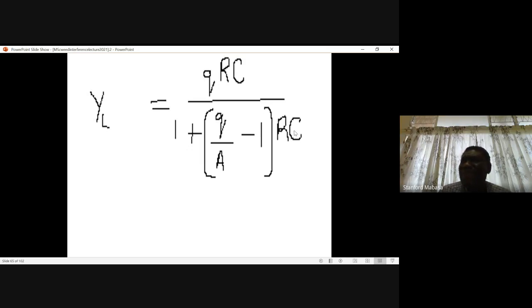You divide the leaf area index of the weeds by the sum of the leaf area index of the crop and the leaf area index of the weeds to get a relative leaf area, which you use in such an equation, where there's RC, you put leaf area.